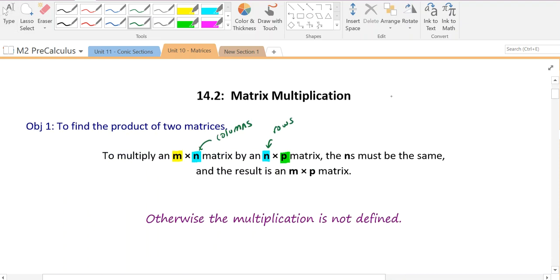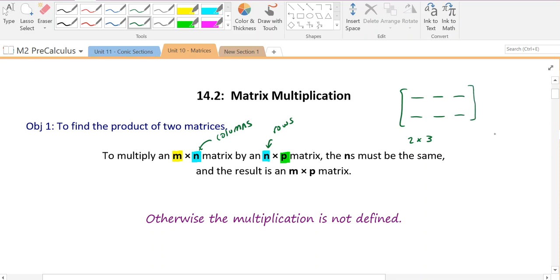So if I had something that was a 2 by 2, the one it's multiplying must be, actually, let's make it a 2 by 3. 2 rows, 3 columns.